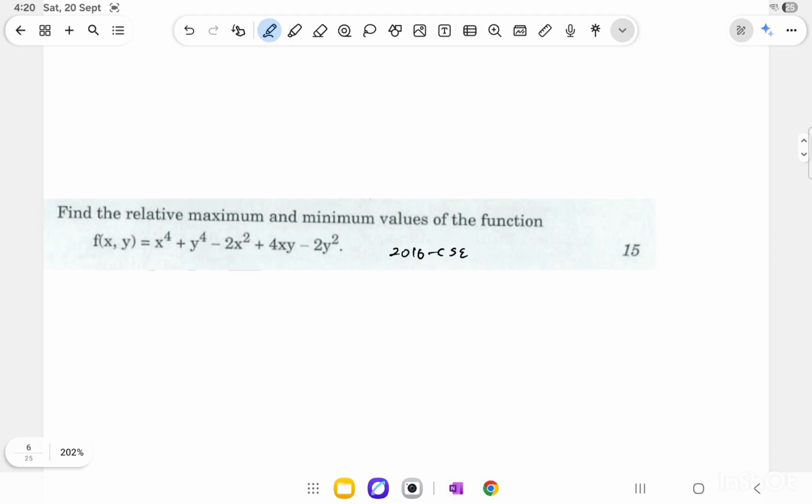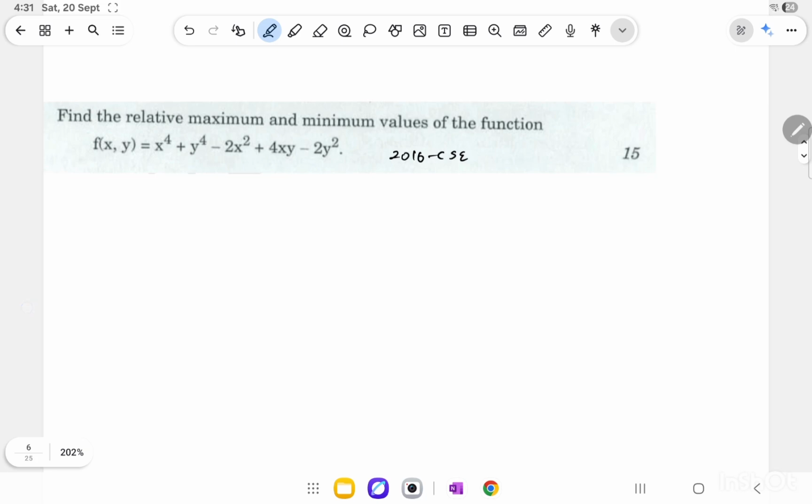So in the next question, find the relative maxima and minima values of the function f(x, y). The function f(x, y) is basically equal to x^4 + y^4 - 2x^2 + 4xy - 2y^2. And we are supposed to check its maxima and minima. So let's find out its partial derivatives first.